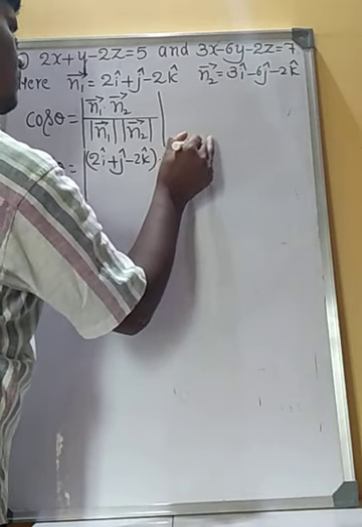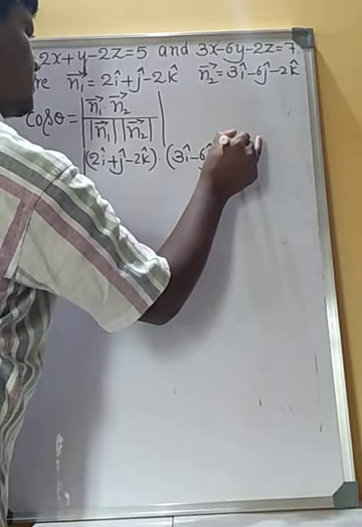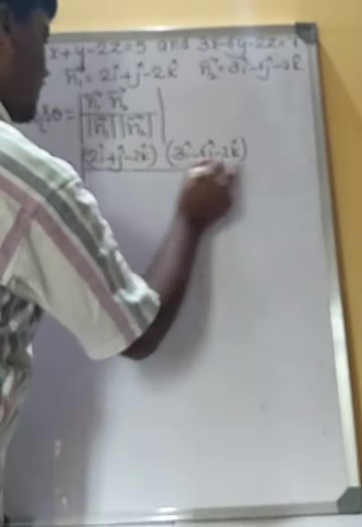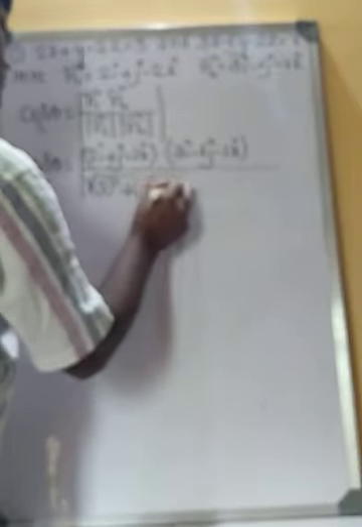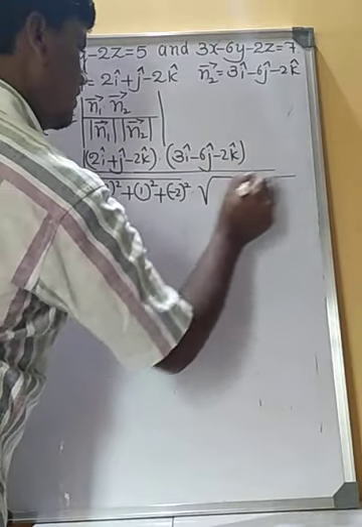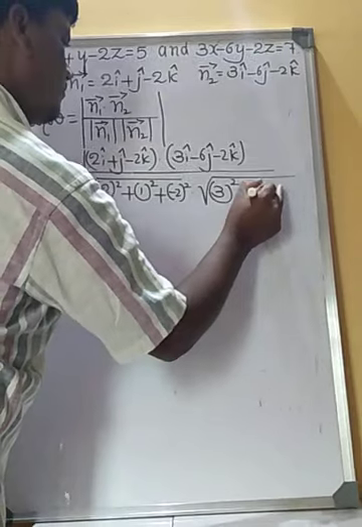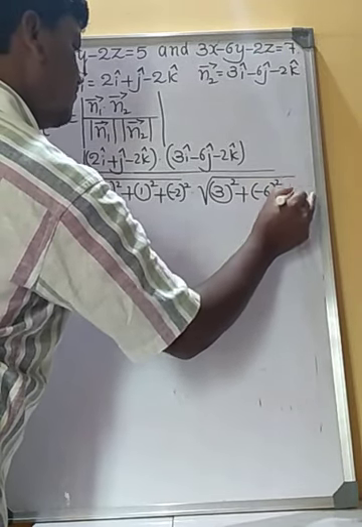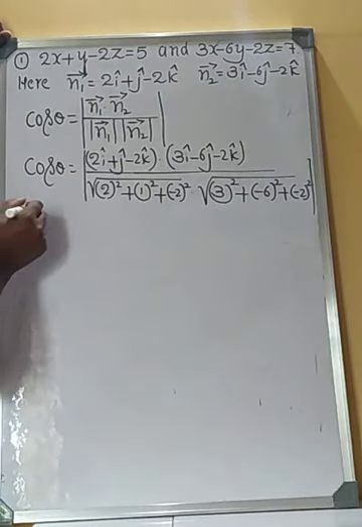Therefore cos theta is equal to magnitude of 2i plus j minus 2k dot 3i minus 6j minus 2k divided by square root of 2 square plus 1 square plus of minus 2 whole square into root of 3 square plus of minus 6 whole square plus of minus 2 whole square.